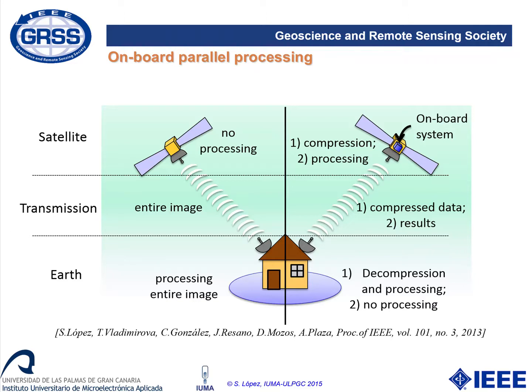So of course this kind of scenario is smarter than the first one, in the sense that we need to transmit only a small amount of data, and this can be transmitted very quickly. So this is of course a situation that is very good for applications in which we require real-time response.